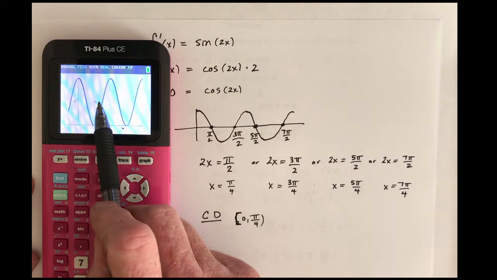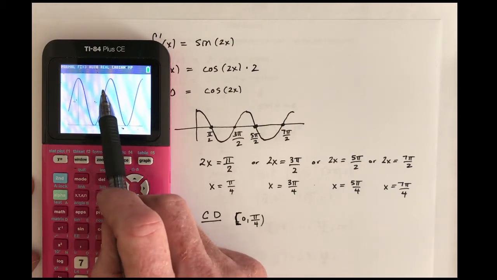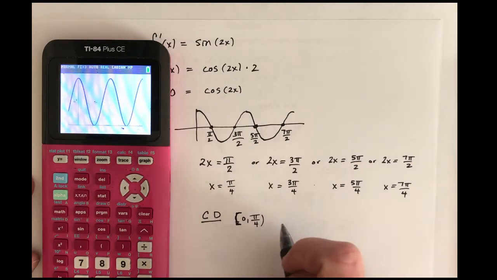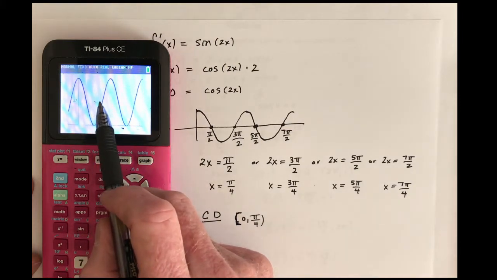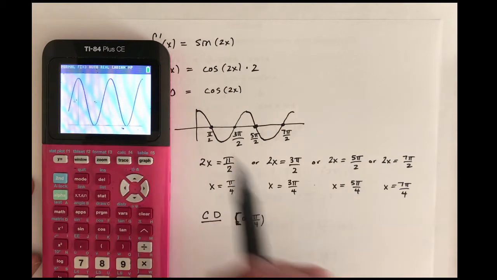And then from this, which is 3 pi over 4, until the next one, then this part is also concave down. So that's from this is 3 pi over 4 until 5 pi over 4.